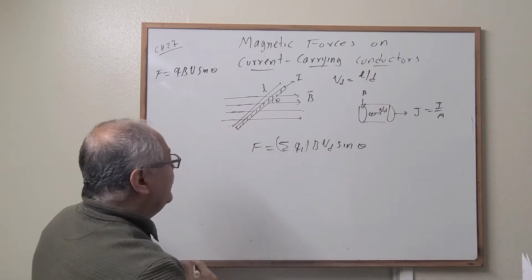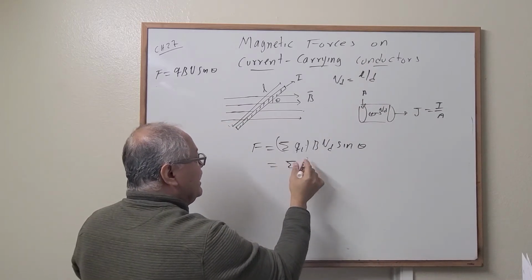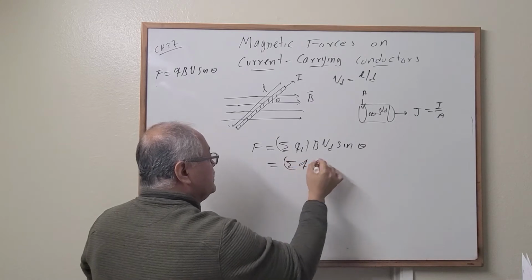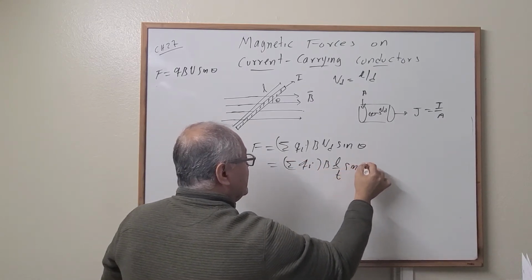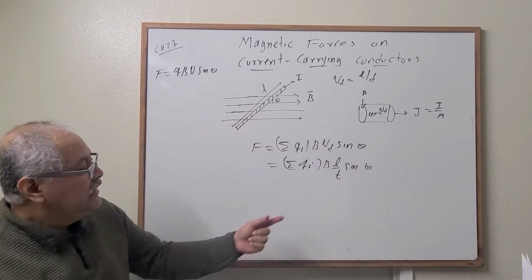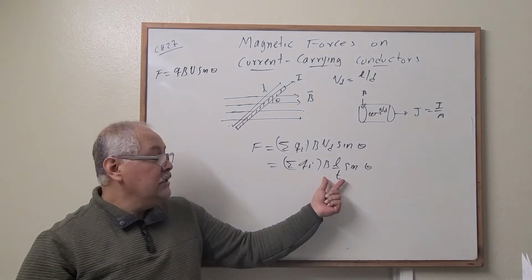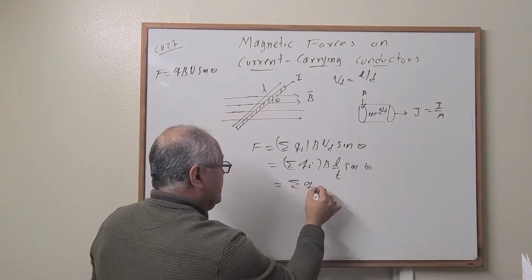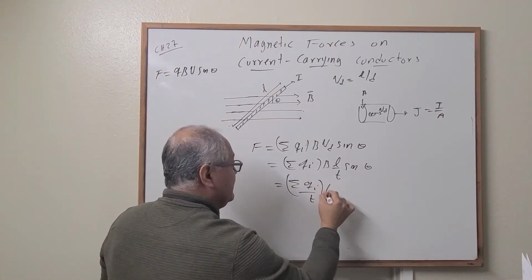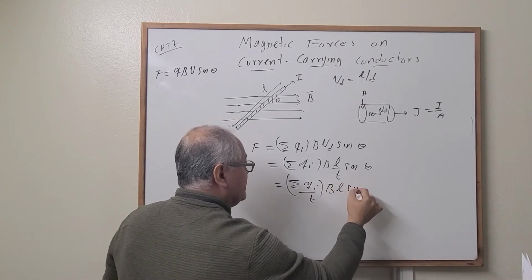So this is the sum of all the charges times B times L over time times sine theta. Let's place this quantity right here, and what do we have? This is equal to the sum of the charge divided by the time times B times L sine theta.